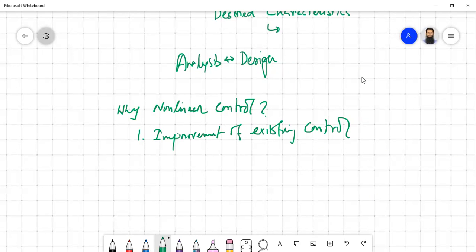As the speed increases, nonlinear terms like Coriolis and centripetal forces come in. These forces are proportional to the velocity squared. So if the velocity is increasing, these nonlinear forces will be dominant.